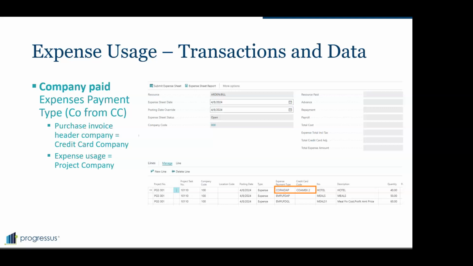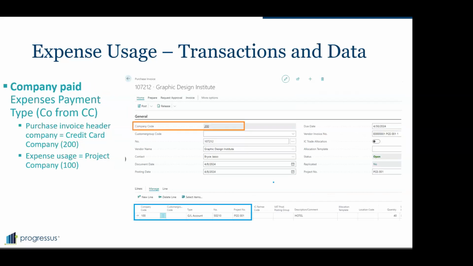So in this instance, the company credit card has a company ID on the master record, and that is the company used to create the purchase invoice header. The expense line still follows the project company. In this example, the company credit card had company 200 and the project company had company 100. So when this purchase invoice is posted, the due to, due from transactions will be created.